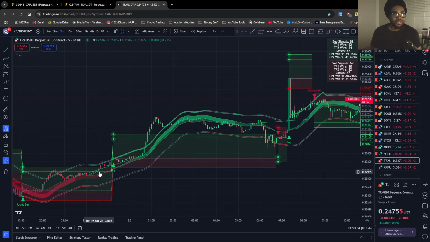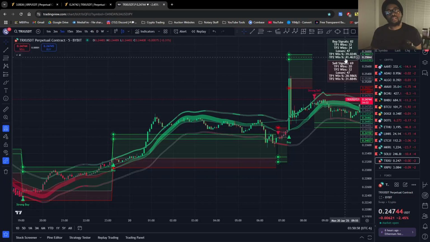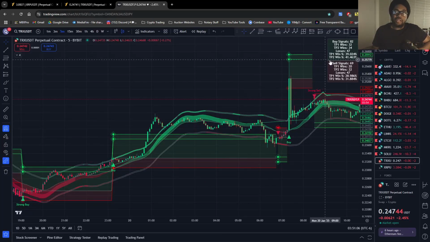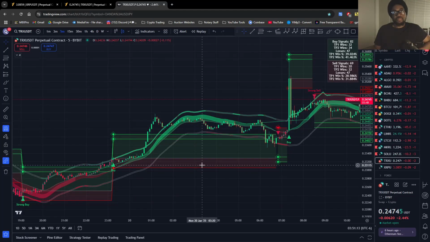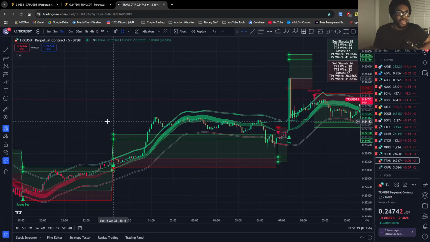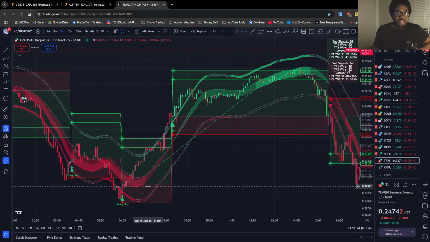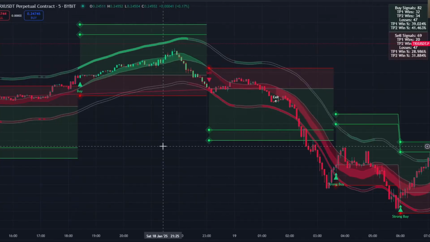It counts the first take profit, the second take profit, and counts your losses as your stop loss being hit. So the only way it calculates its accuracy is whether you hit your TP1 win or your TP2 win, but sometimes that doesn't happen. Not every single trade is going to hit TP or SL, so those numbers aren't exactly accurate.